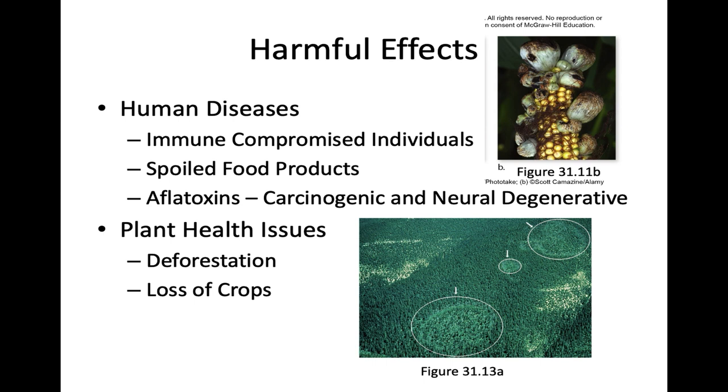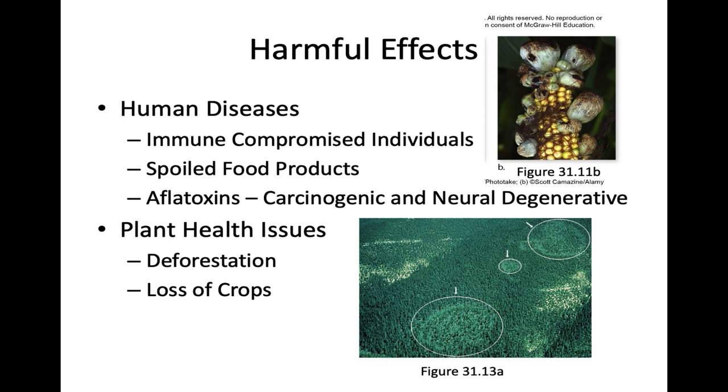I forgot to mention aflatoxins. Aflatoxins are also produced by a fungus, and these may be aided by insect pests. One in particular that I know of is May Berenbaum at the University of Illinois.